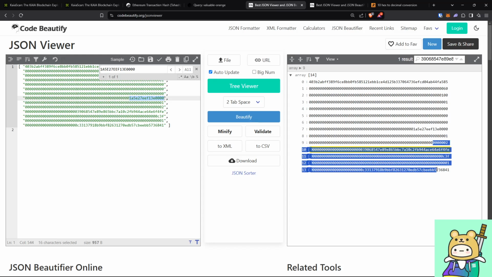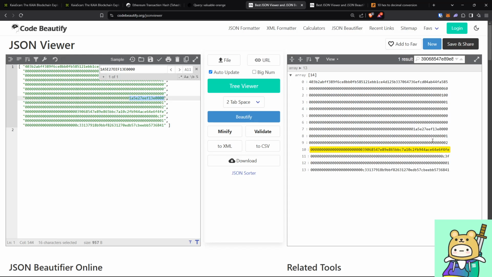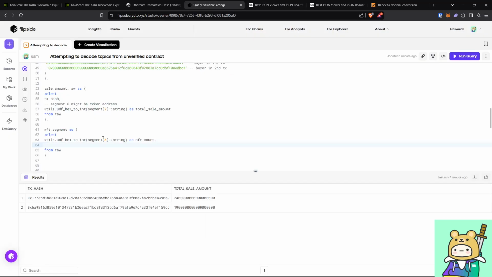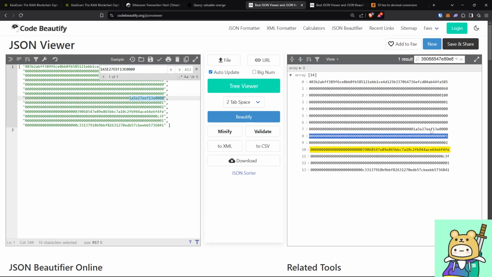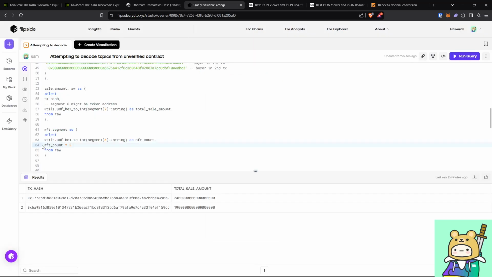So we know the segment is of length 5, and because we know the count, we multiply by the length. So something like NFT count times 5, and 5 here is because the number of rows is 5. And so NFT count times 5 would be 5. And we start off with 9. So it should be NFT count plus 1 plus whatever this is.